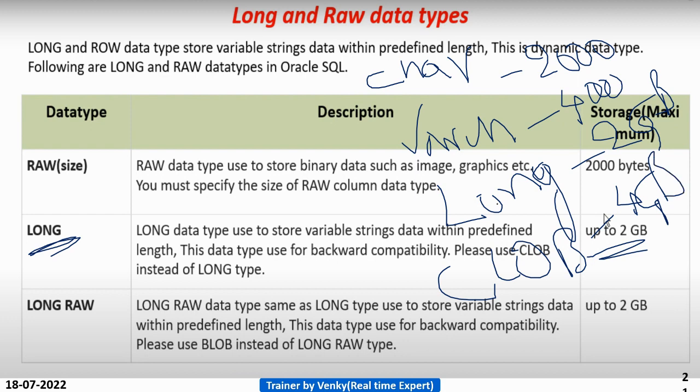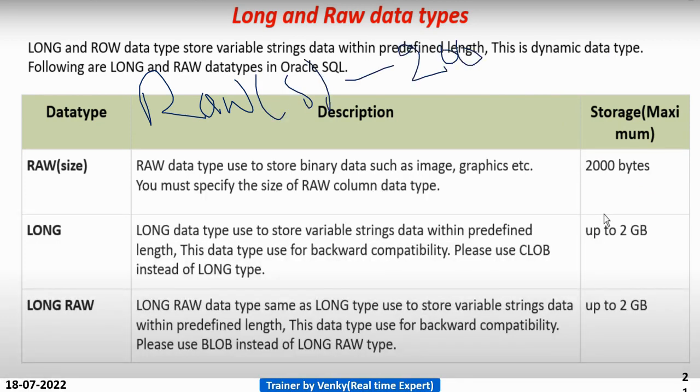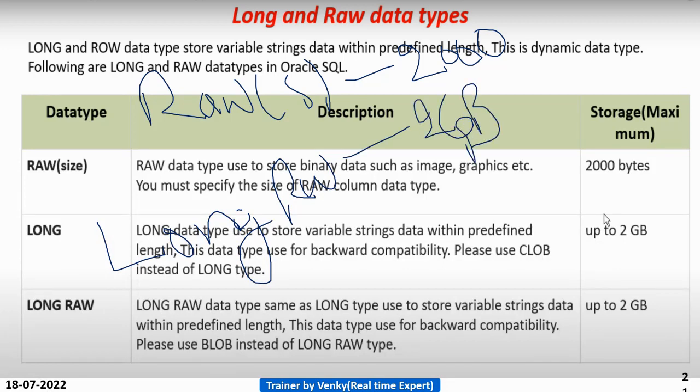Next, CLOB. How many bytes? 4 GB. Now next, to store images, what data types do we have? First RAW, 2000 bytes. Next, LONG RAW. How many bytes? 2 GB. BFILE.